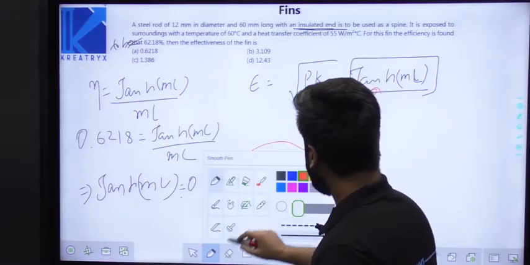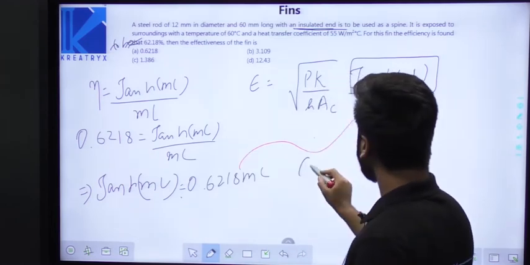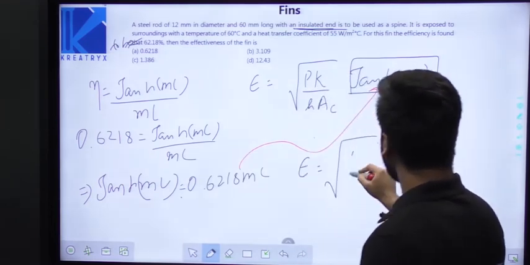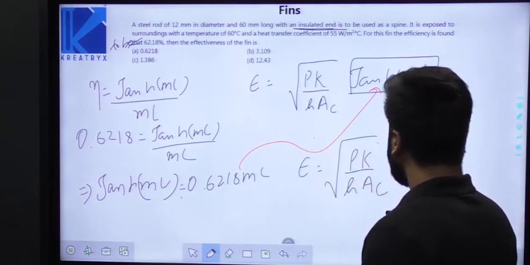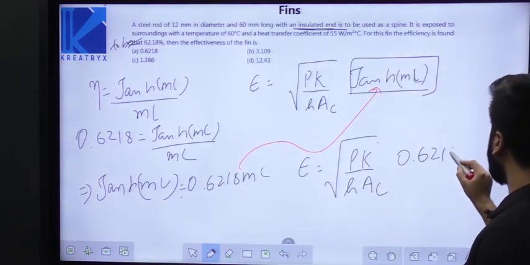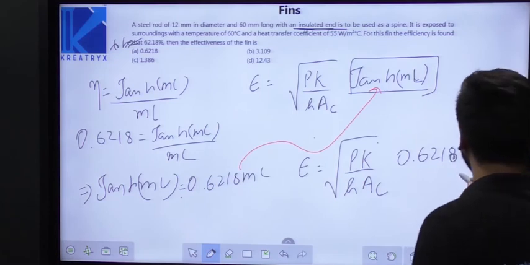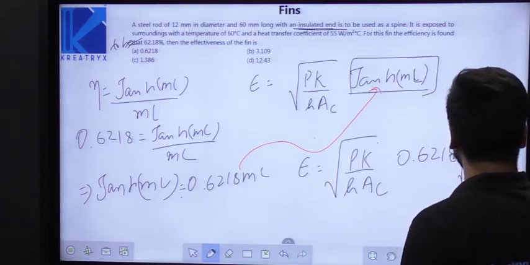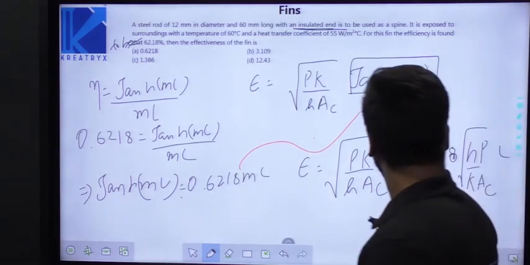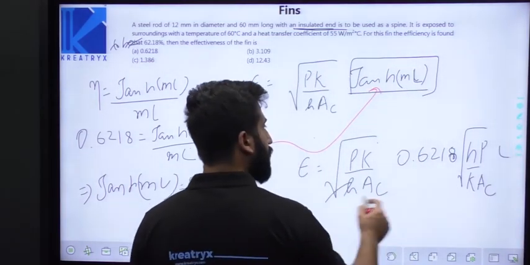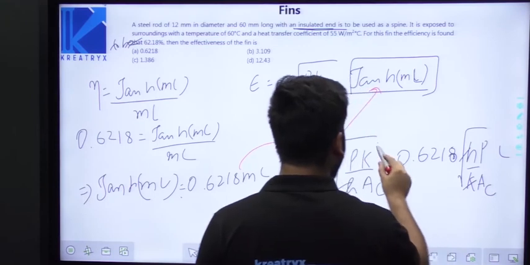So this will be again the same type of question, that is root pk by hAc into 0.6218 ml, where m is root hP by kAc into L. So this root h and root h get cancelled out. Root k gets cancelled out.